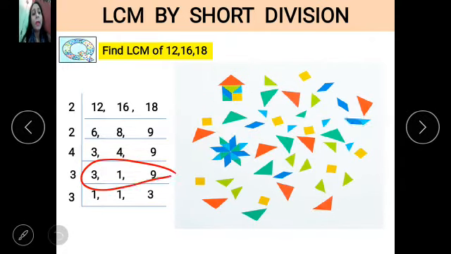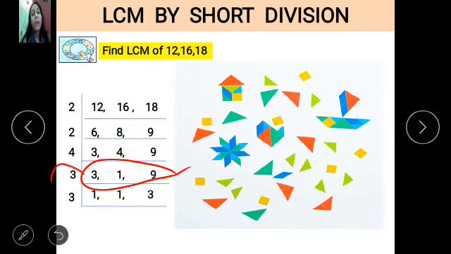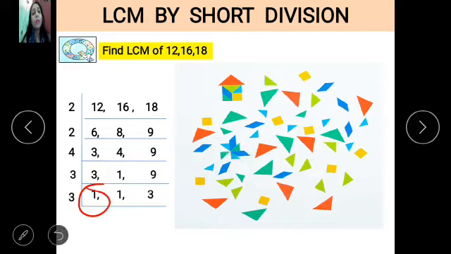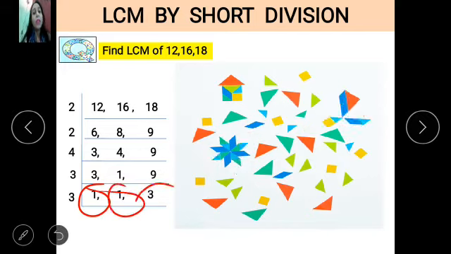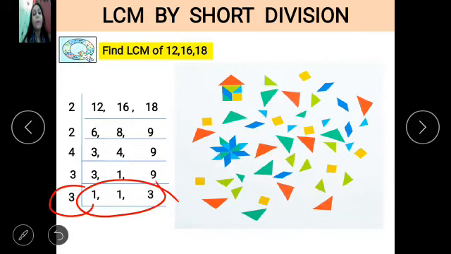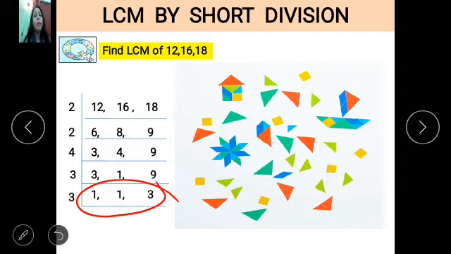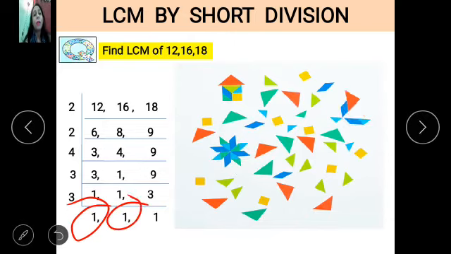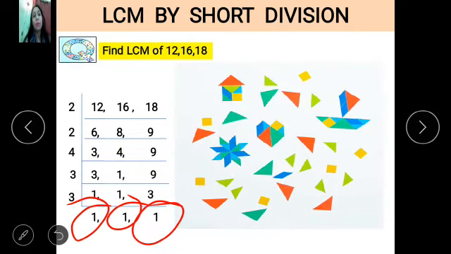These numbers again we have to divide by 3. 3 ones are 3, 3 ones are 3, 3 threes are 9. Okay children, now again this is divided by 3. So here we get 1 comes down and 3 ones are 3.